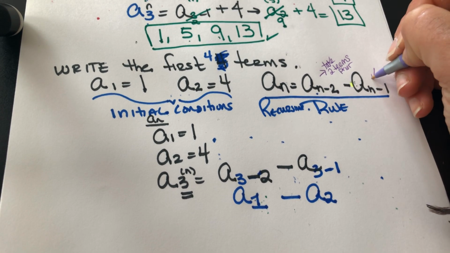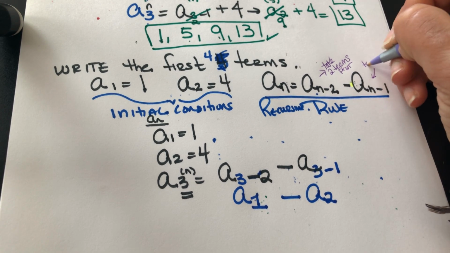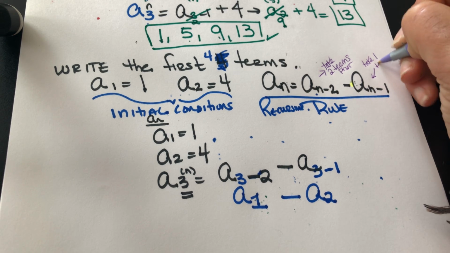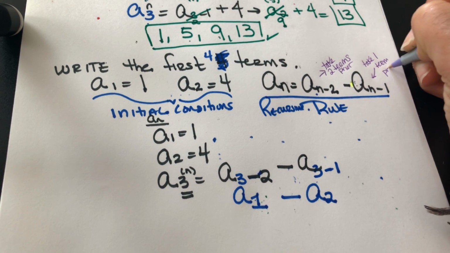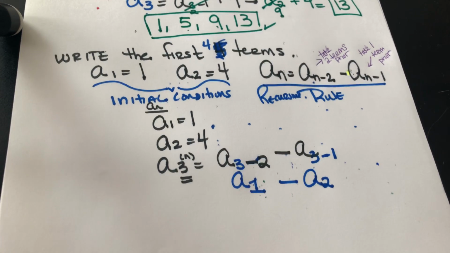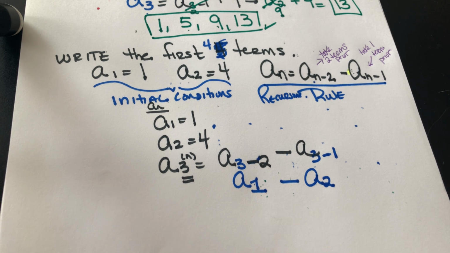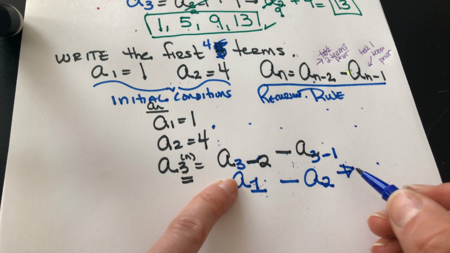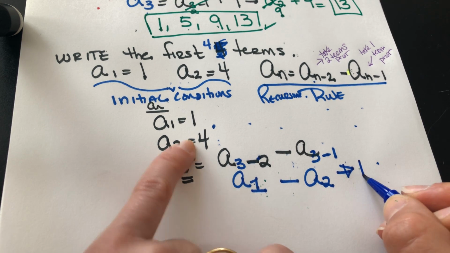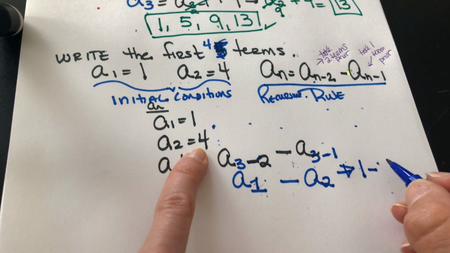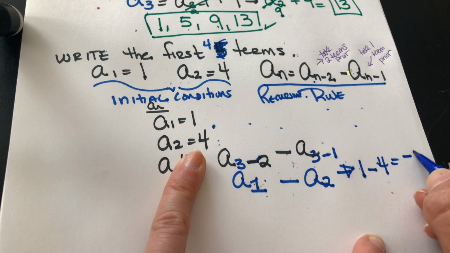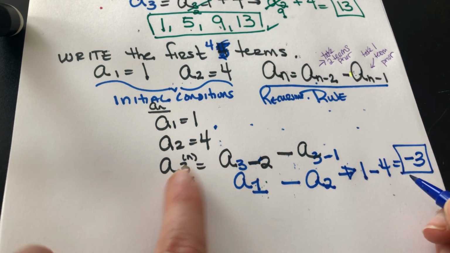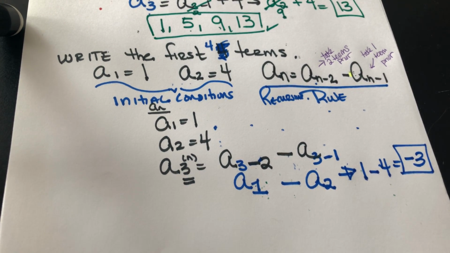And n minus 1, which we already discussed, means take 1 term prior and do your work. So I would recommend doing it like this in the beginning, so you understand it. A of 1's term was 1, minus A of 2's term is 4. So your final answer for the third term is negative 3.